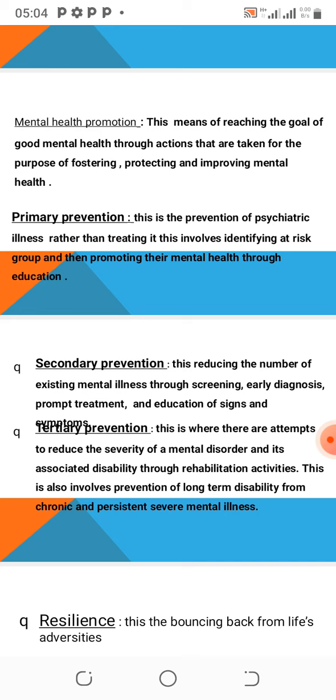This is where there are attempts to reduce the severity of mental disorder and its associated disability through rehabilitation activities. This also involves prevention of long-term disability from chronic and persistent severe mental illnesses.